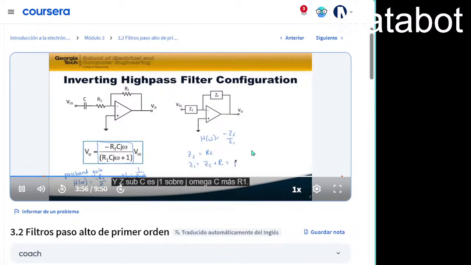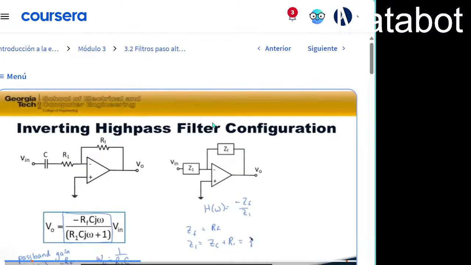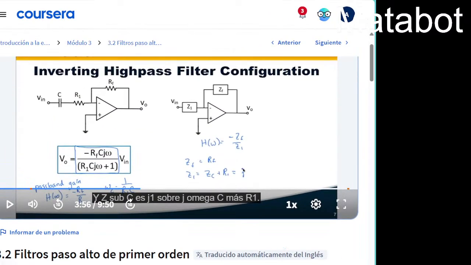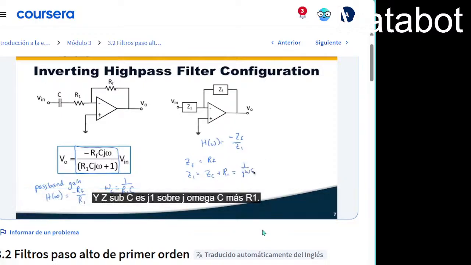And Z sub C is 1 over j omega C, so Z1 is 1 over j omega C plus R1.